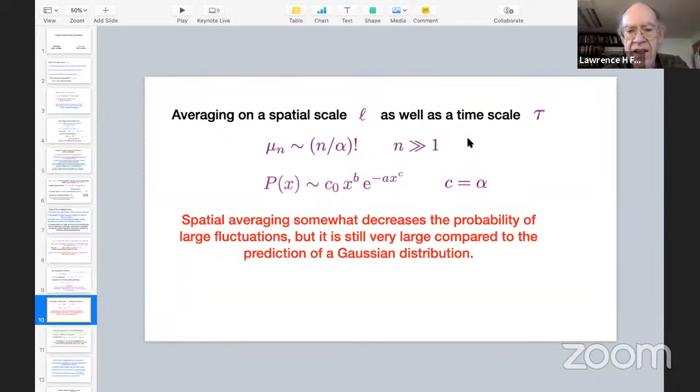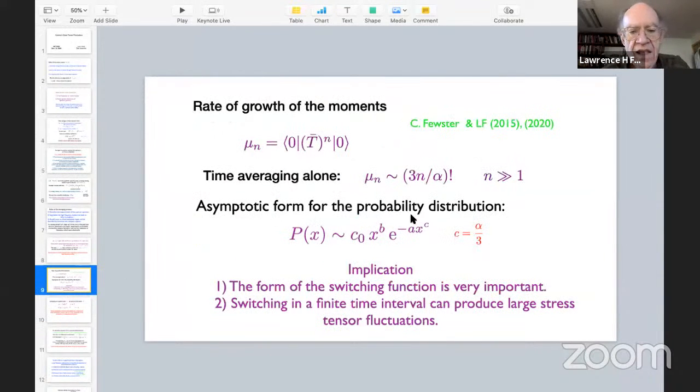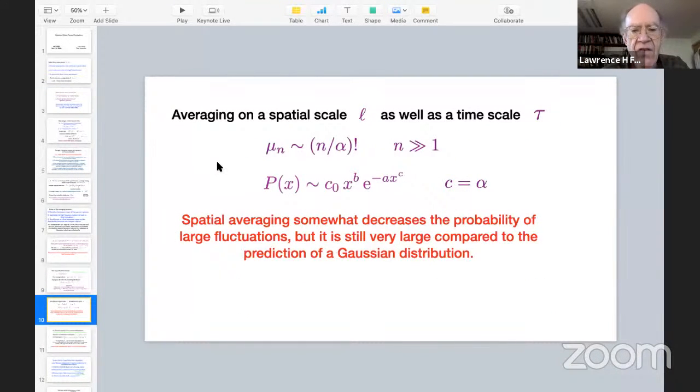Typically, if the spatial scale is small compared to the time scale, then you get this world line behavior for a while, e to the minus x to the 1/6, for example. But then after a while, that transitions into a different behavior, x to the alpha.